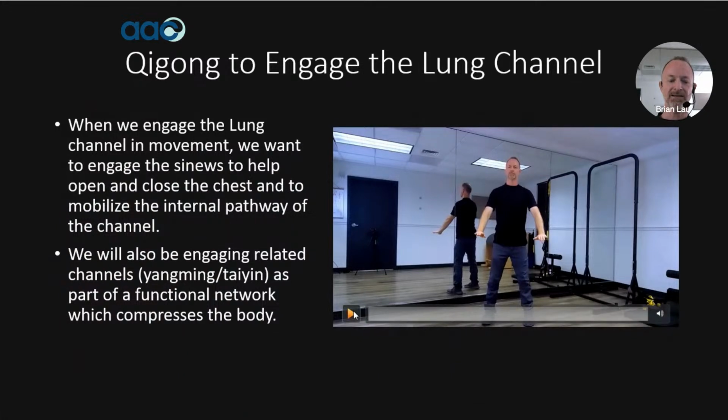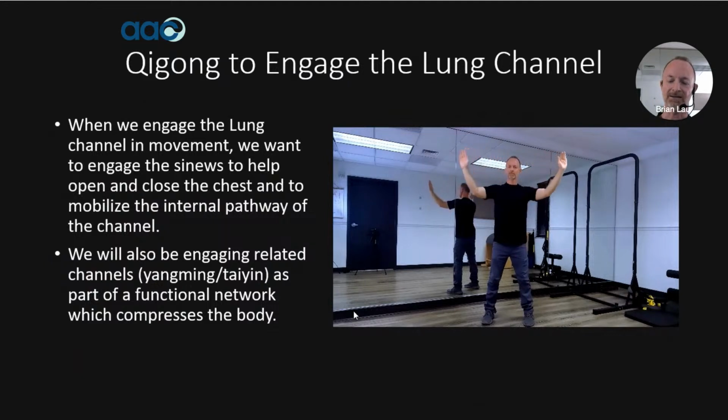So this is going to be the exercise. It's a very simple exercise. Anytime we engage this lung channel, we want to engage the sinews, of course, which will open and close the chest, but we also want to mobilize that internal pathway of the channel. We'll look at that point by point. This is going to be engaging the lung channel, but really when you're engaging channels, you tend to do them in networks.